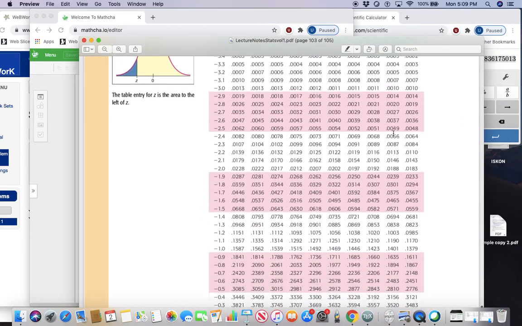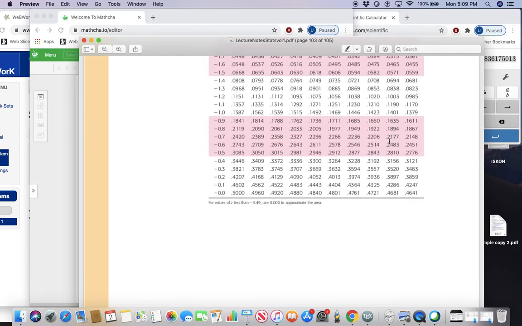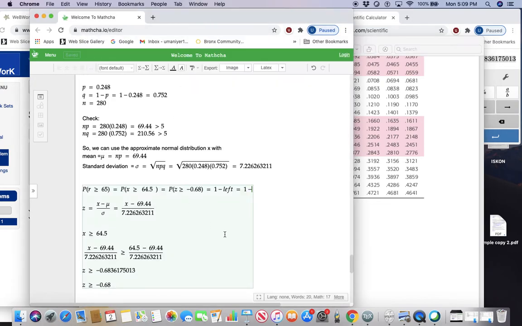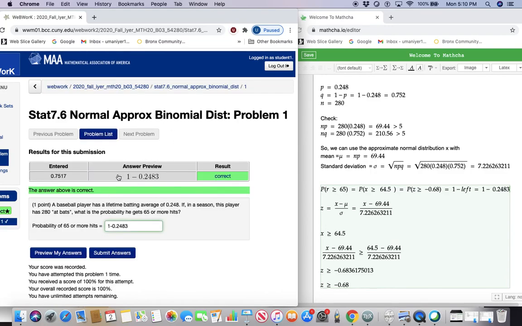Negative 0.68 gives me here 0.2483. So that's your final answer: 1 minus 0.2483. Submit. Good. That completes this particular section.